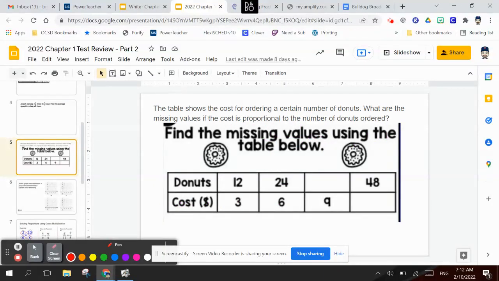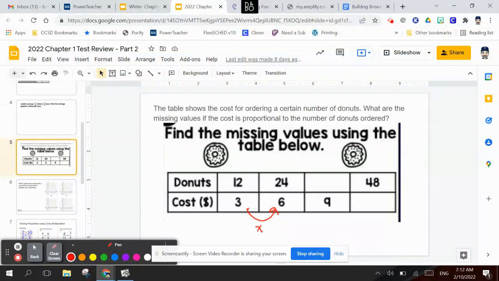The table shows the cost of ordering a certain number of donuts. Donuts, love donuts. What are the missing values if the cost is proportional to the number of donuts ordered? So I know that there's 12 donuts for $3. So what can I do to 3 to get 6?